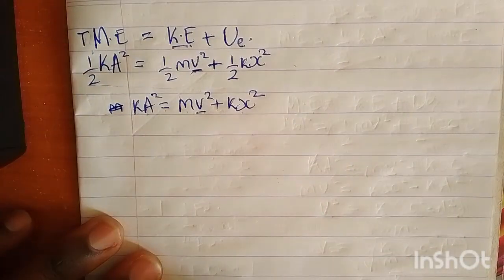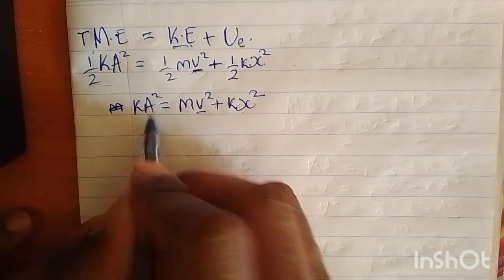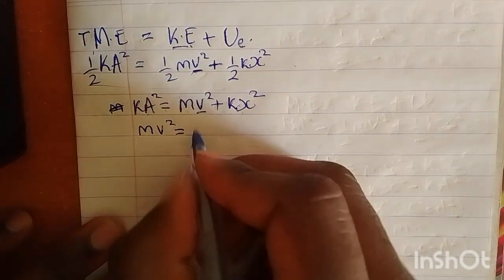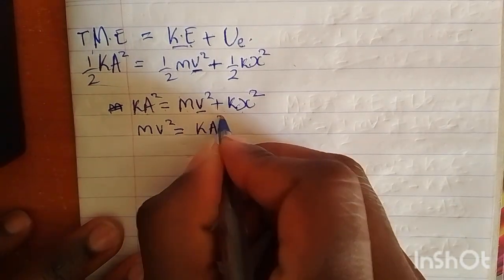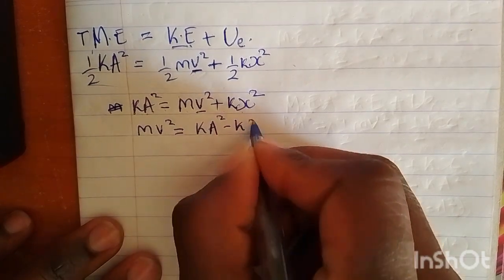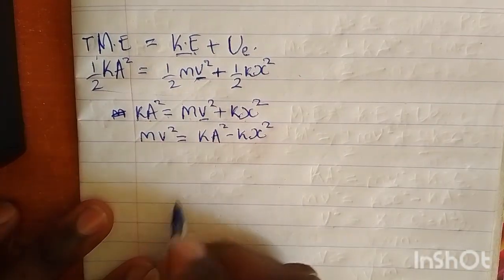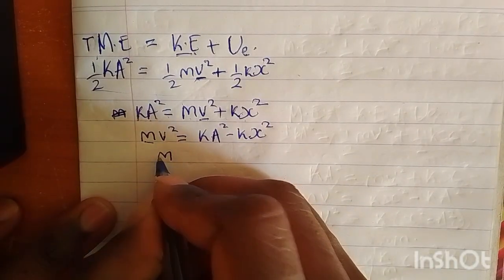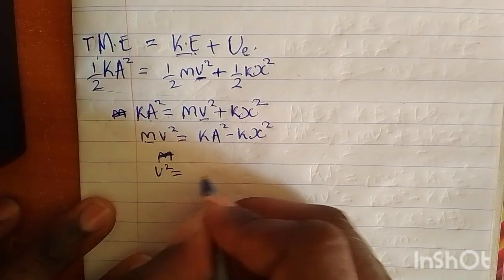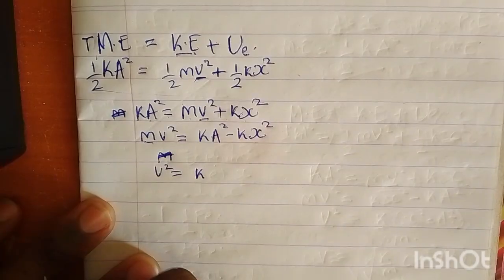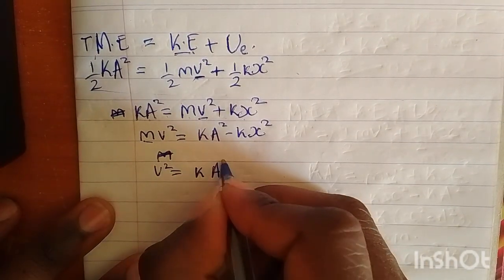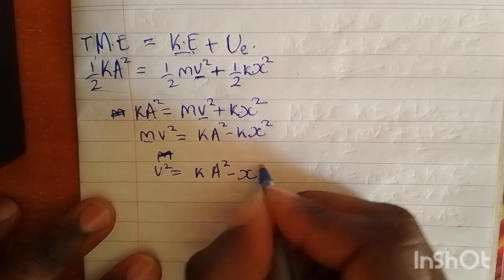Make v the subject of the formula. Take this to the other side, you get mv squared is equal to kA squared minus kx squared. Divide by m on both sides, and we get that the velocity squared is equal to, factoring out the spring constant, k over m times amplitude squared minus displacement squared.